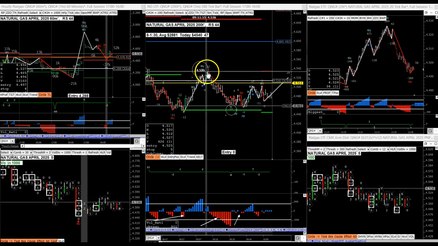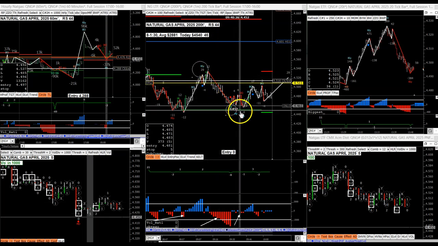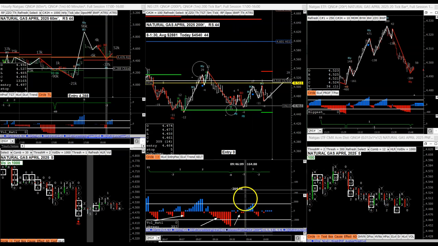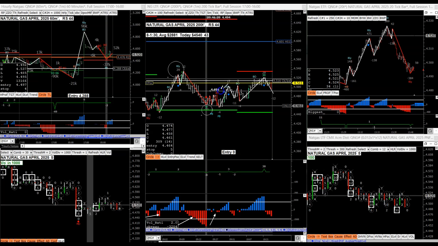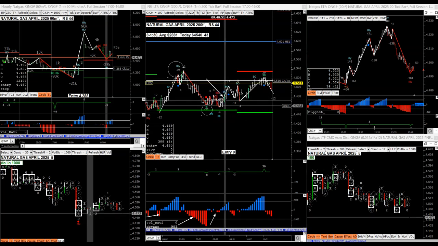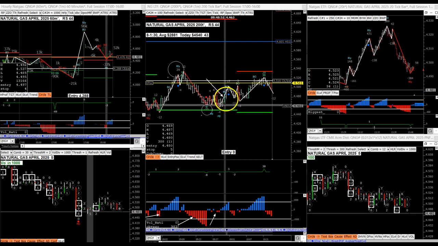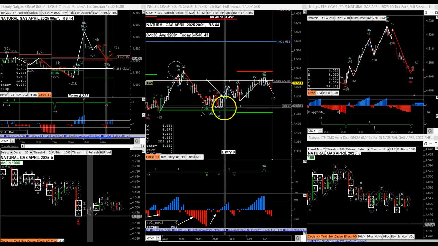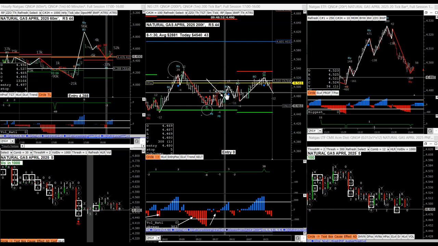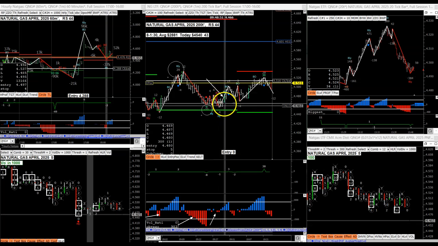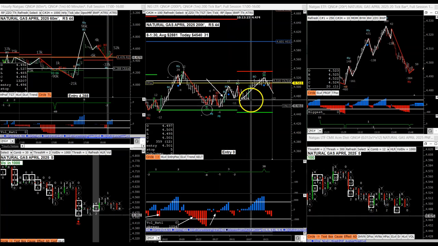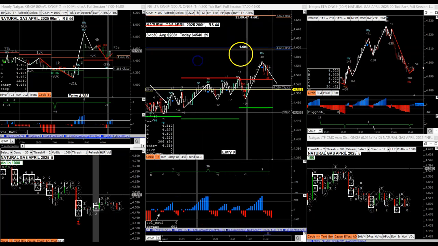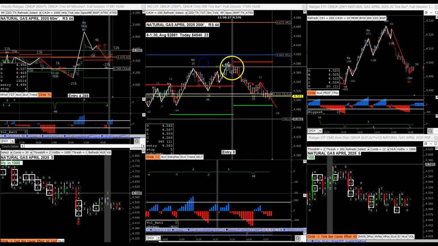It's done and tested, retested on no supply. Then it popped up, giving you a nice little reversal bar, which is one of the things that I look for. So this is the green reversal bar, and has followed through with a minor breakout of this area. Test gives another reversal bar, and it just keeps on going. And there you go.